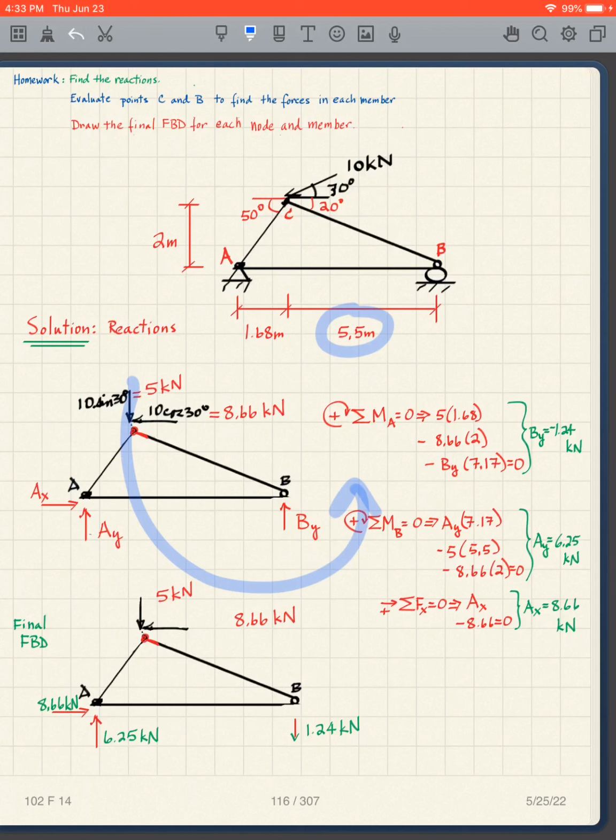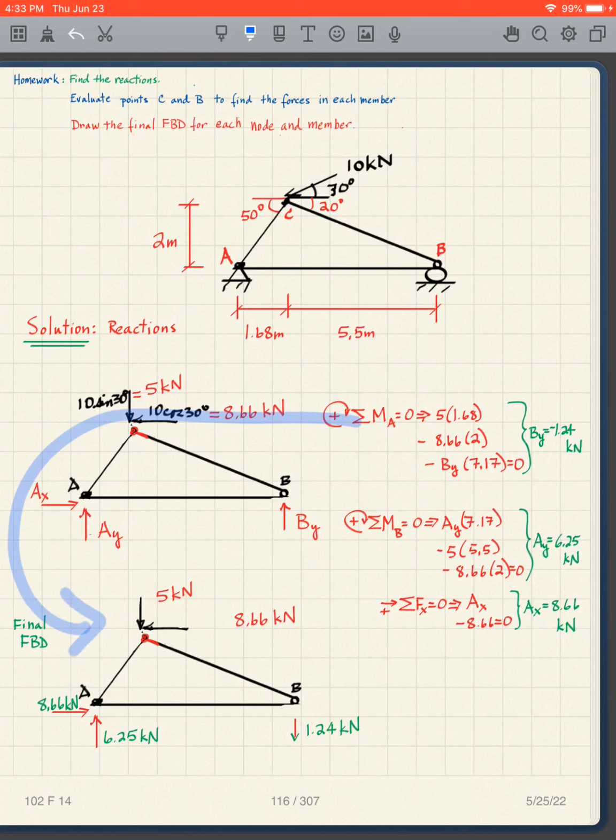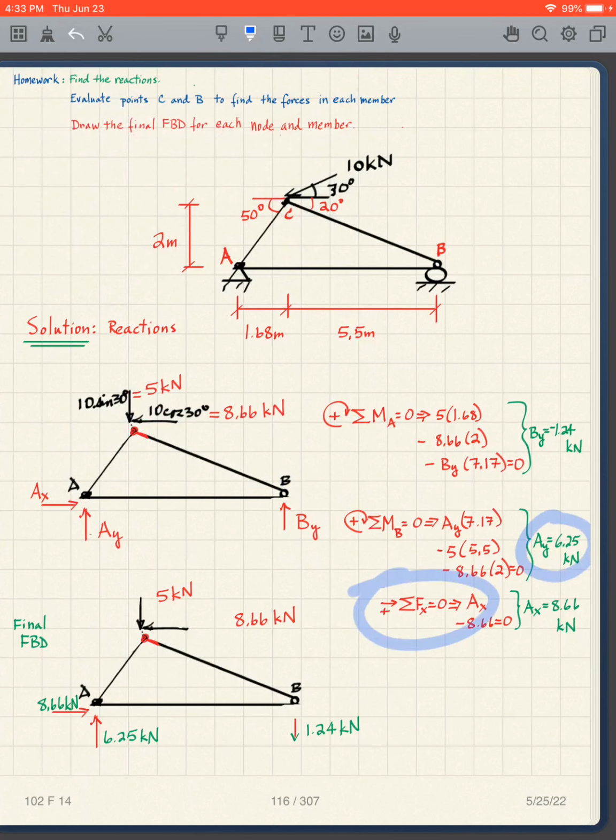The distance is 5.5. 8.66 counterclockwise. The distance is 2. Solve that, 6.25. Take the sum of the forces in the x direction equals 0.